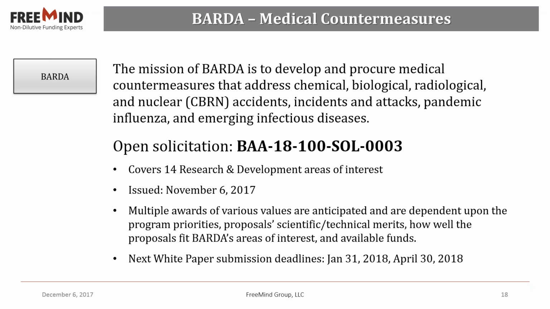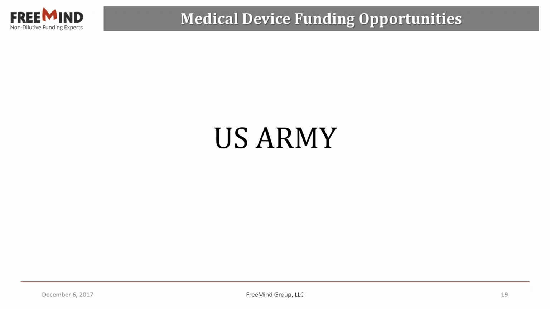The next submission deadline is January 31, followed by April 30th. And don't forget, they recommend and we recommend that you get a tech watch to help you with this process.